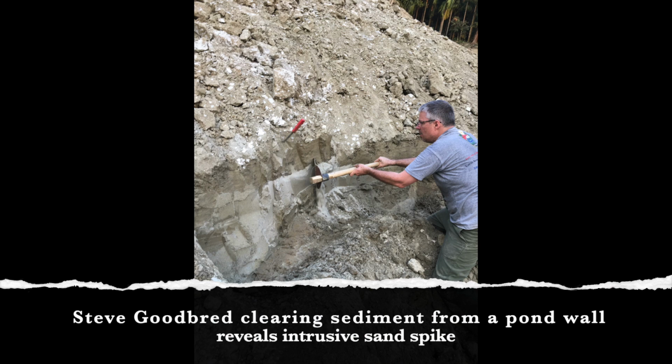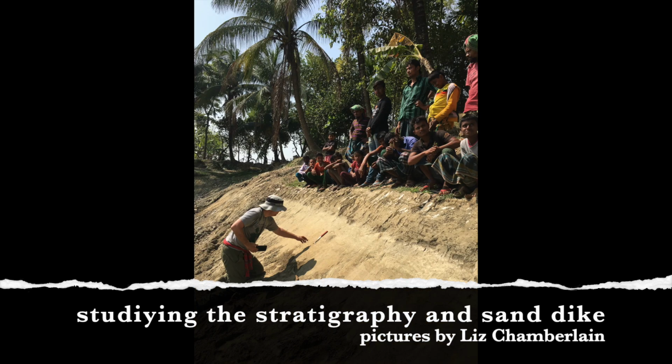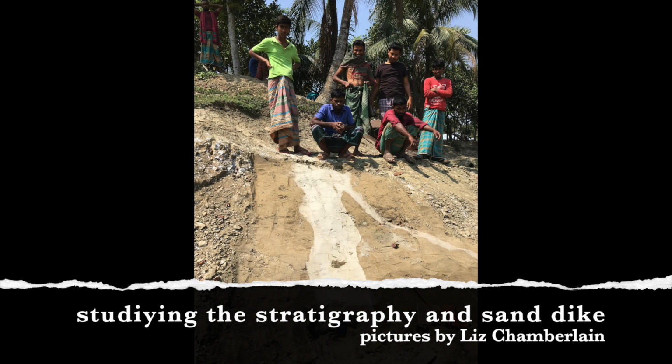And we kept cleaning up the surface and tracing this sand layer down to the base of the pond and then across the floor of the pond. And then it led to this whole network of sand dikes. It was incredibly serendipitous. We could have missed it at three or four opportunities, but that sort of started the whole thing.